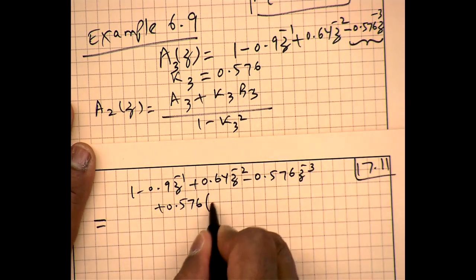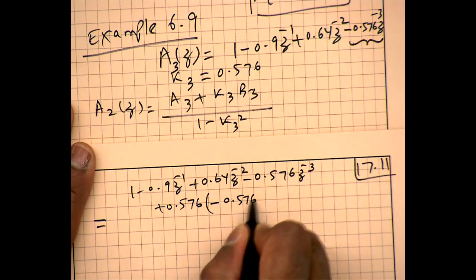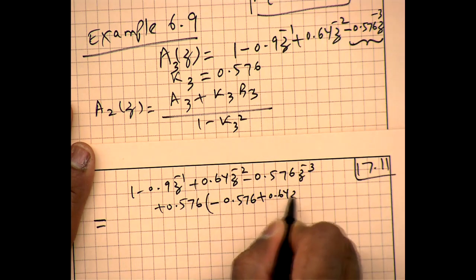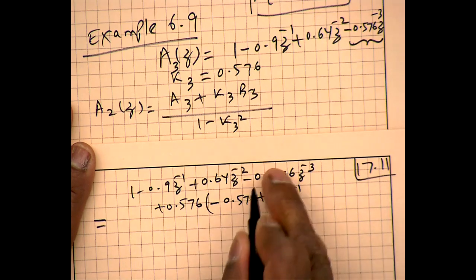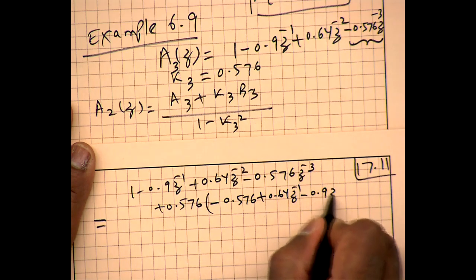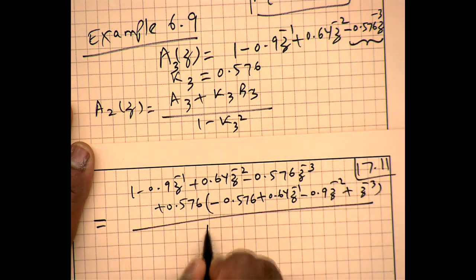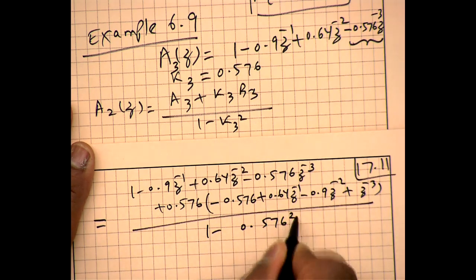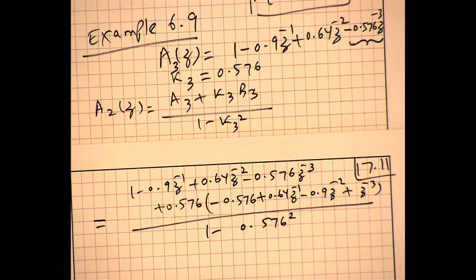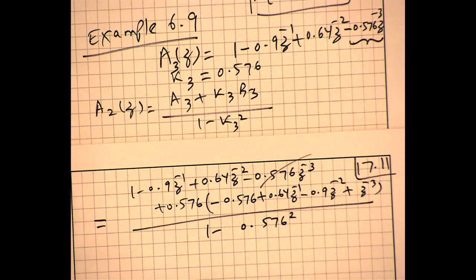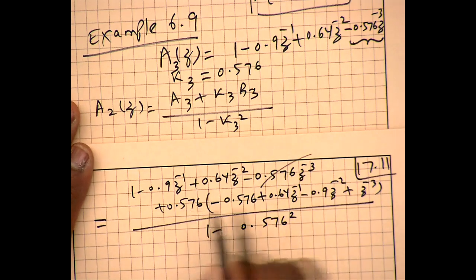Reverse these coefficients: minus 0.576 plus 0.64 z^-1 minus 0.9 z^-2 plus z^-3, all divided by 1 minus 0.576 squared. Do you see that one of the terms was cancelled out? Minus 0.576 plus 0.576 times z^-3 is cancelled out.